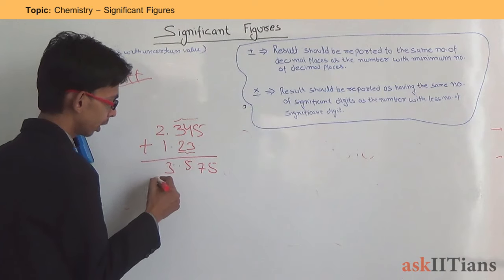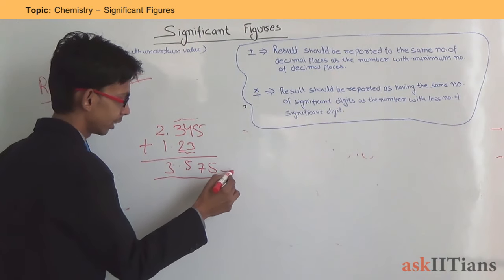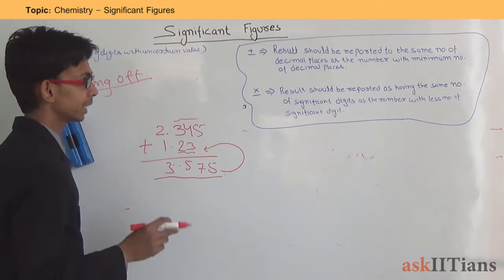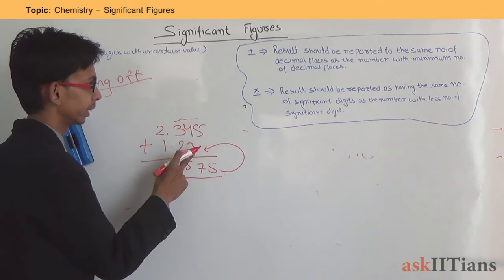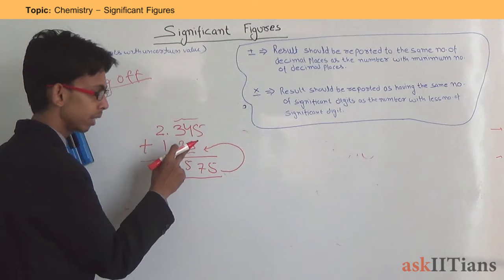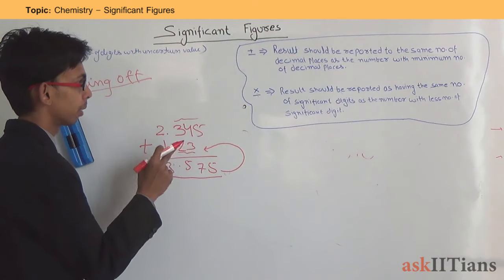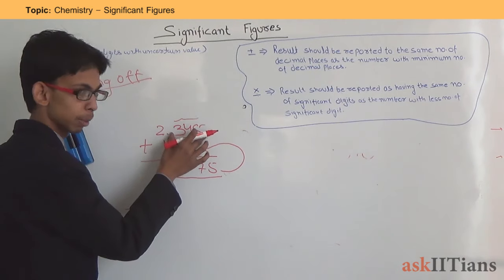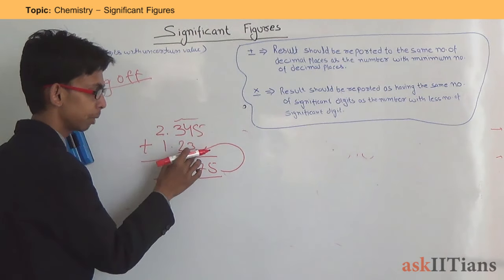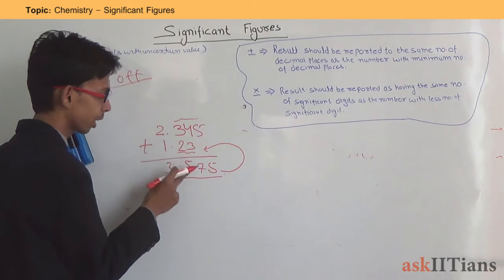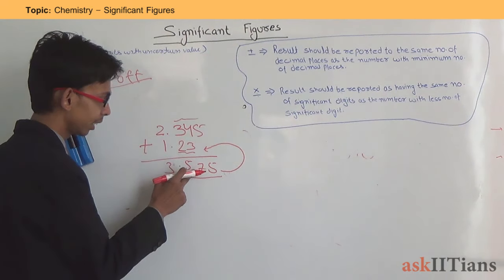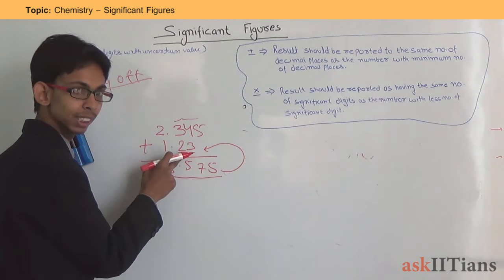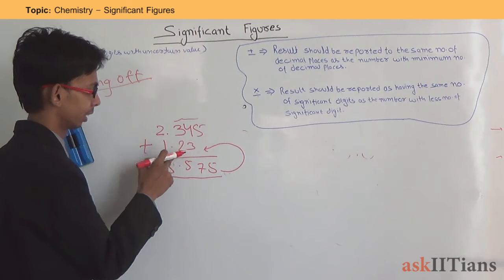So we need to report our result to the same number of decimal places as the number with the minimum number of decimal places. That means it has 3 decimal places, it has 2 decimal places, this one is minimum. So we need to report our result in 2 decimal places, that means the minimum one.